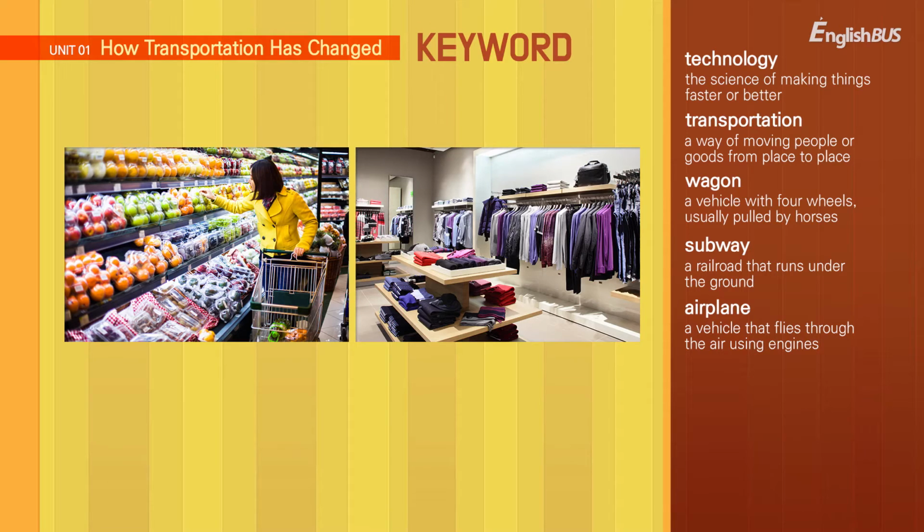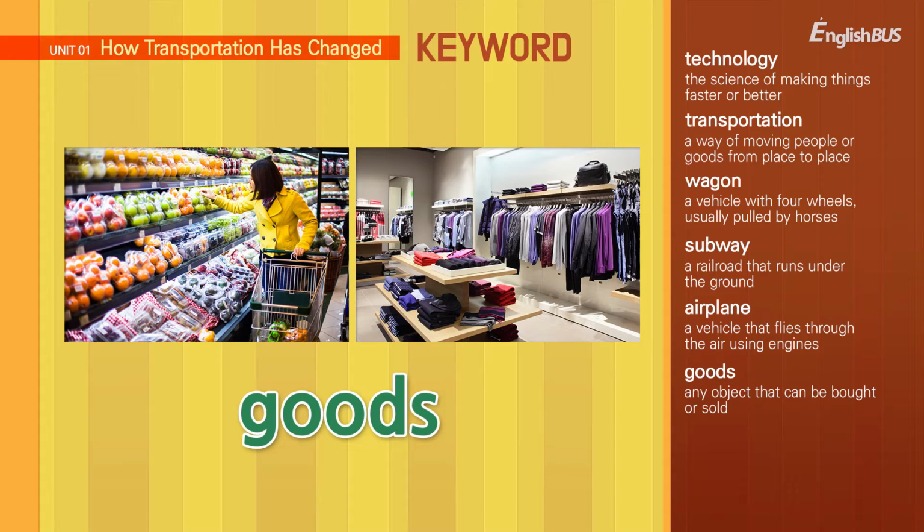The fruit on the left and the clothes on the right. Both the fruit and the clothes are examples of goods, any object that can be bought or sold. Remember, transportation can move people or goods from one place to another.